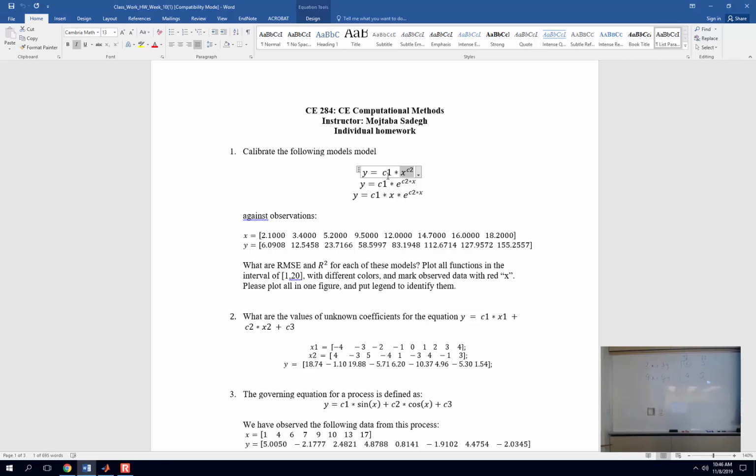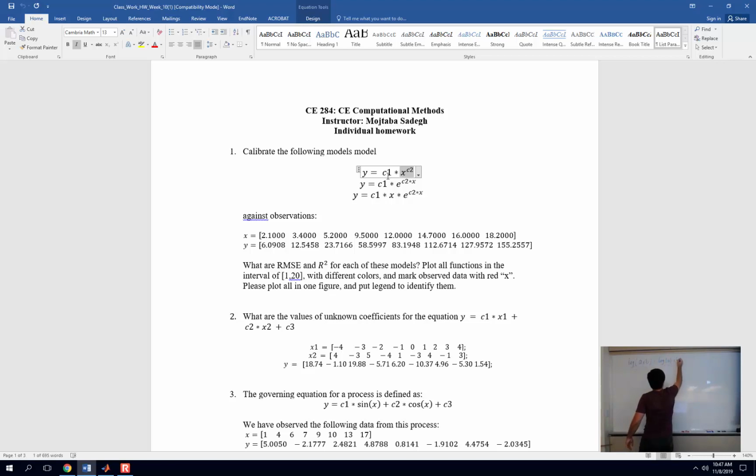Do you remember log? What does log do? What is log of A times B equal to? Log of A times B is equal to log A plus log B. Absolutely.